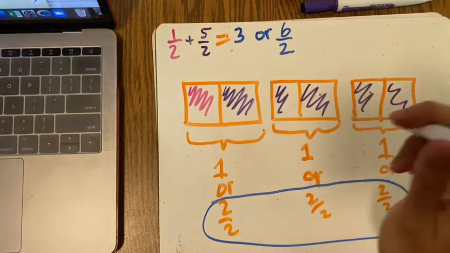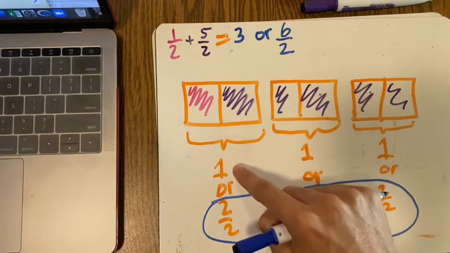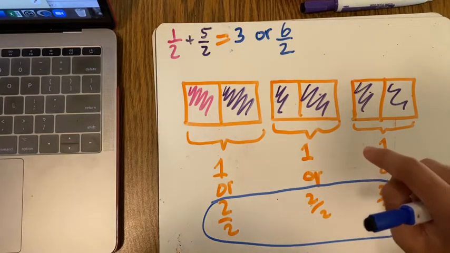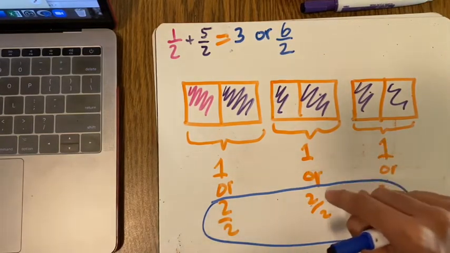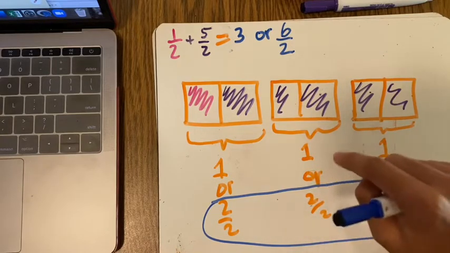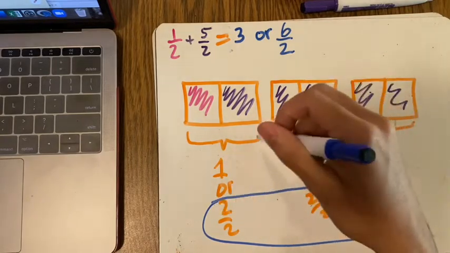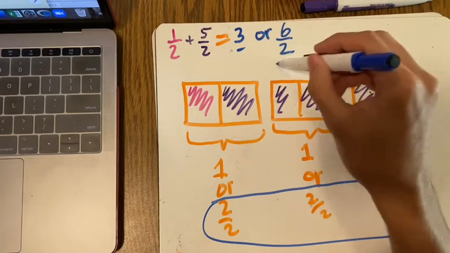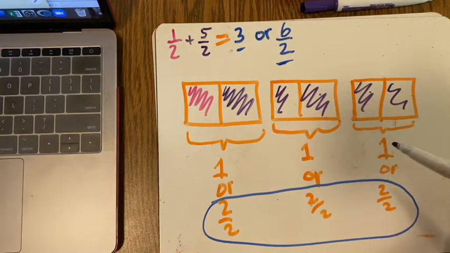Now, what you cannot do, for example, is let's say you try to add 1 plus, I don't know, 3 over 2. You have to leave it as a whole number or an improper fraction, okay? But both of these are the same thing.